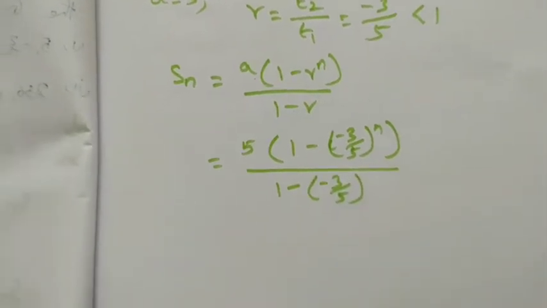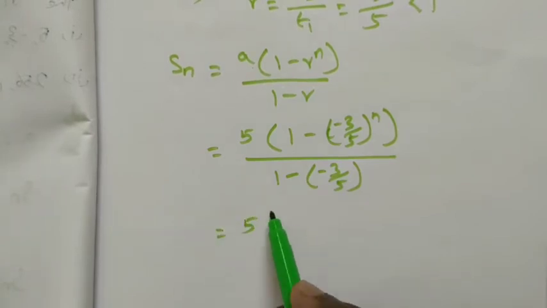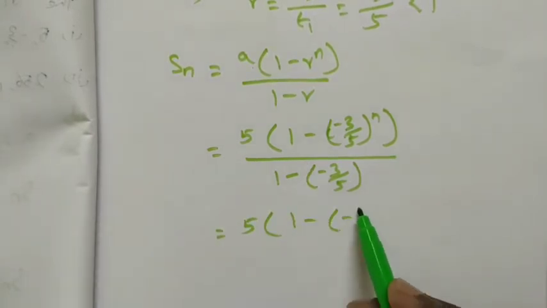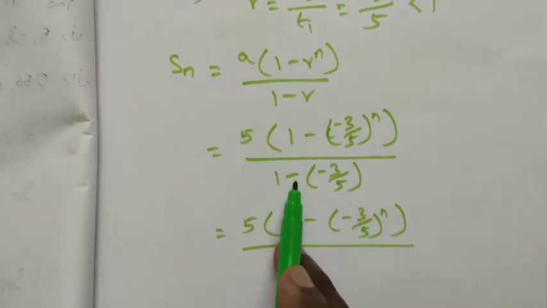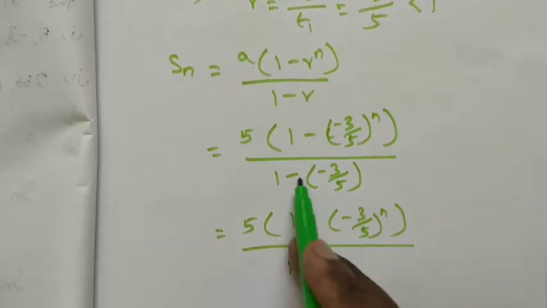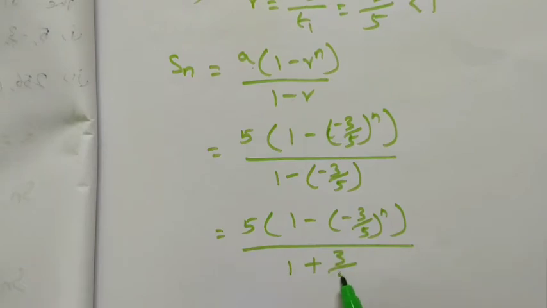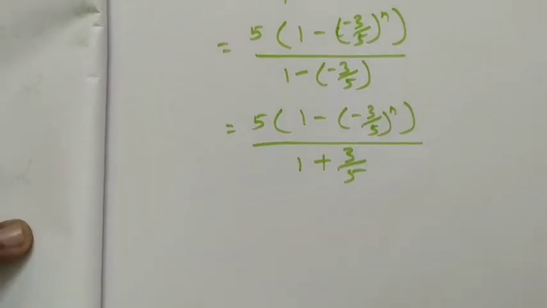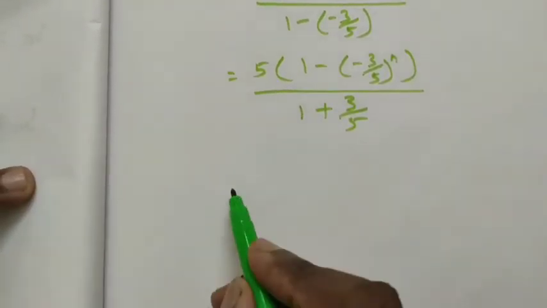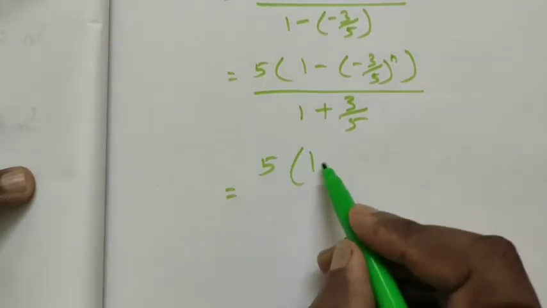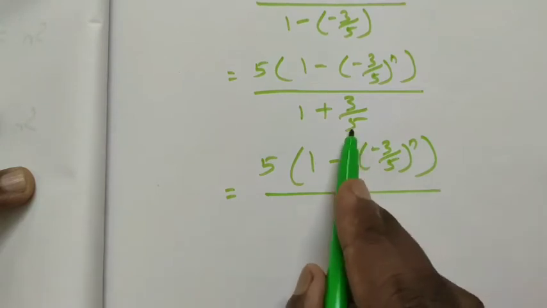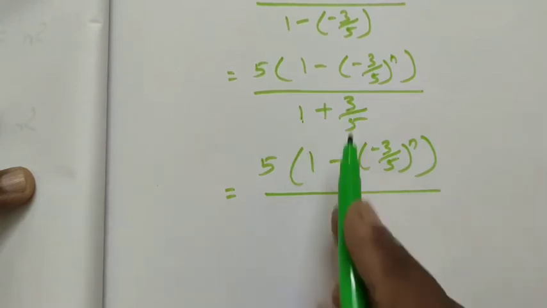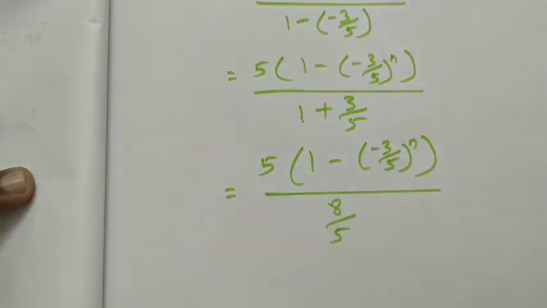The numerator is 5 into 1 minus 3 by 5 whole power n, divided by the denominator term, 1 minus into minus is plus 3 by 5. Now take the LCM for the denominator term. The numerator is as it is, 5 into 1 minus of minus 3 by 5 power n, divided by 5 ones are 5, 5 plus 3 is 8 by 5.